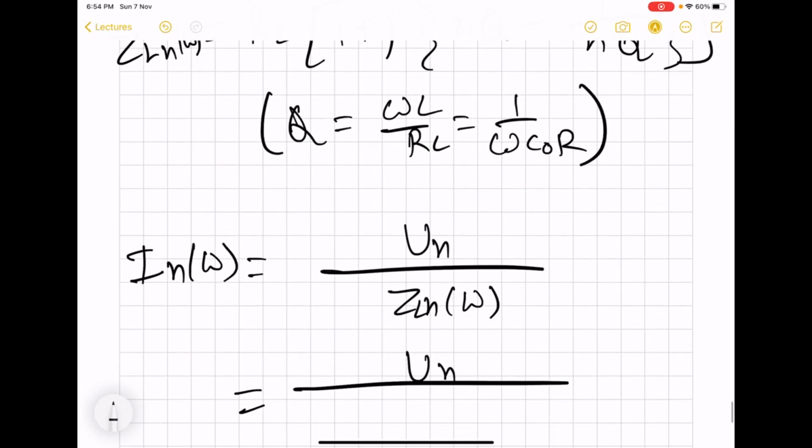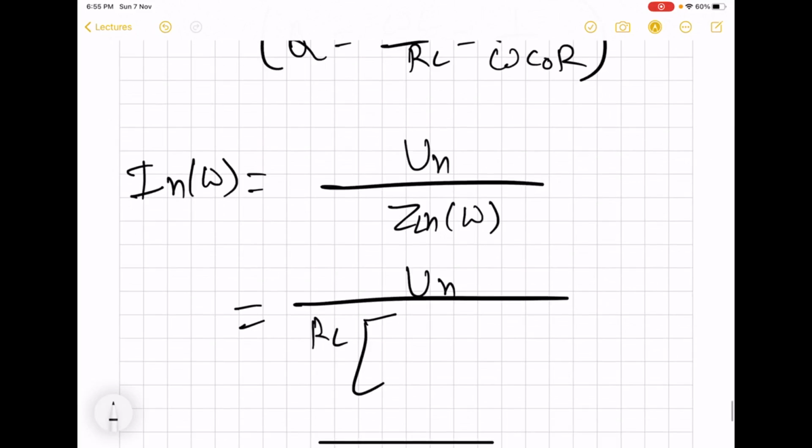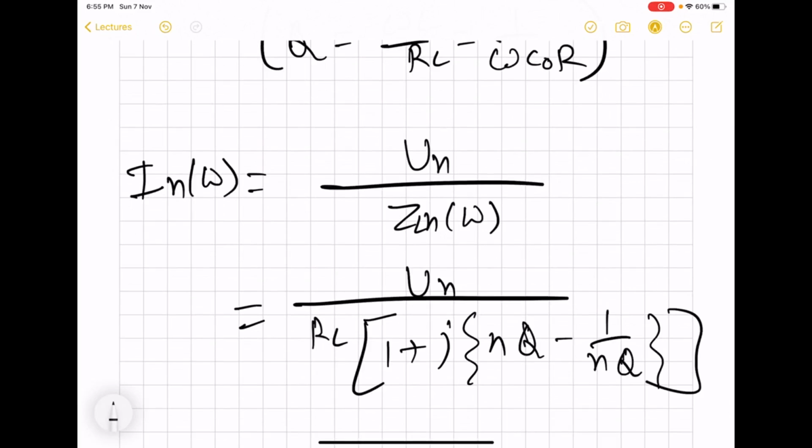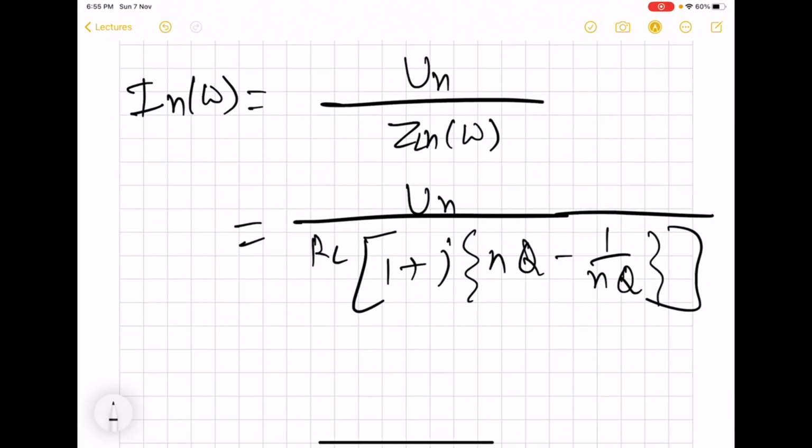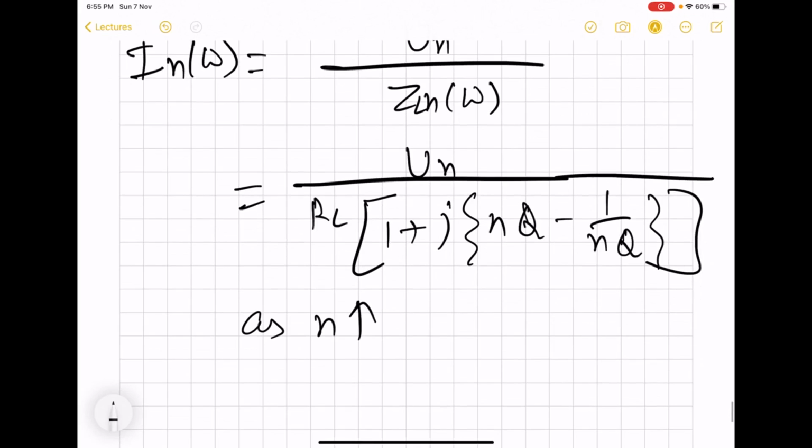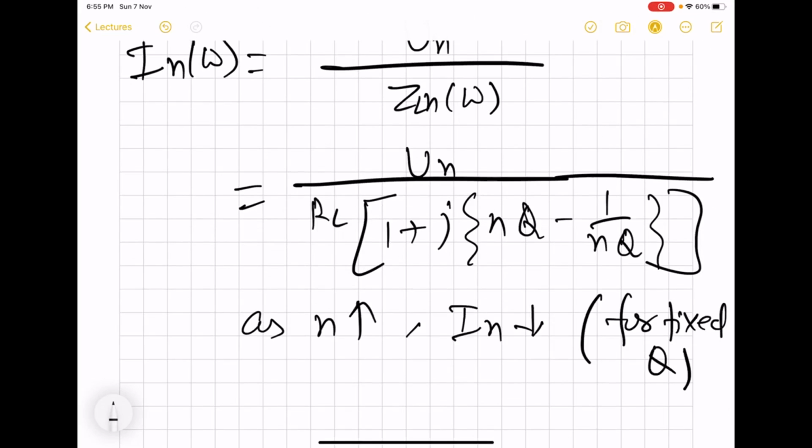So Vn divided by RL times 1 plus j n Q minus 1 by n Q. Here we see that as n goes up, the In comes down for fixed Q. Whatever the Q may be, this is always going to happen. That means the harmonic currents are anyway going to reduce.